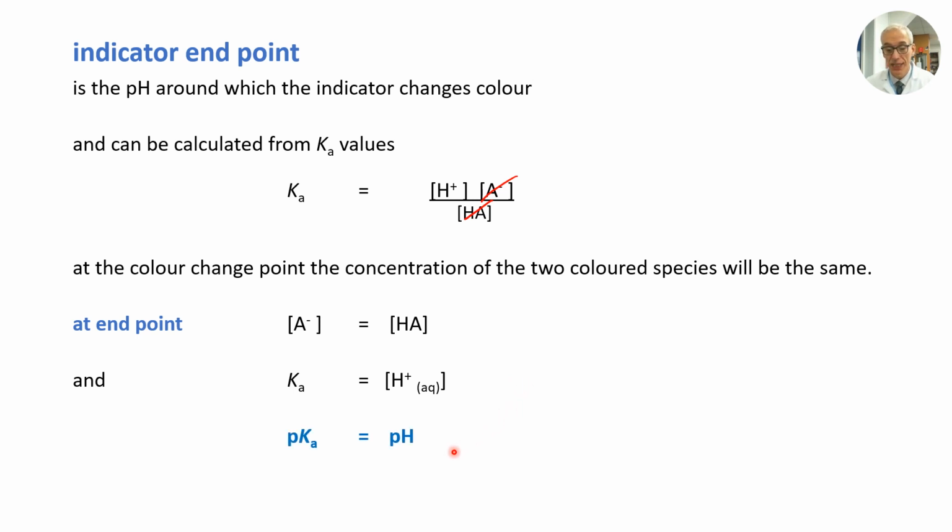In other words, pKa, minus log to the base 10 Ka, will equal minus log to the base 10 the concentration of H+. So pKa equals pH at the indicator endpoint. So the pKa value for an indicator tells you the pH at which the color change occurs.